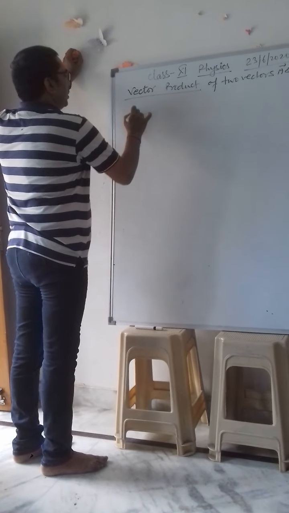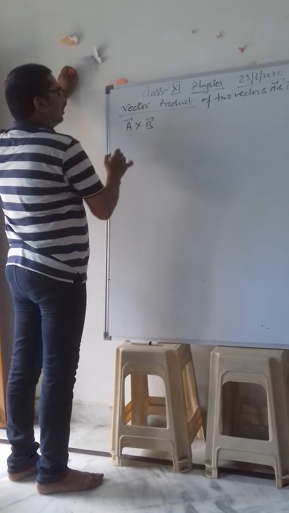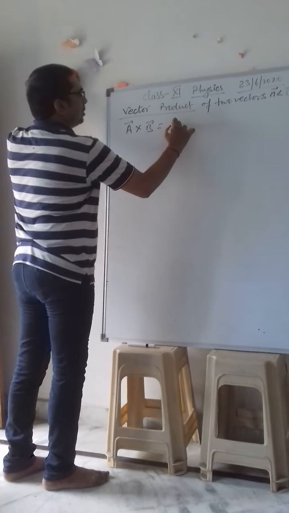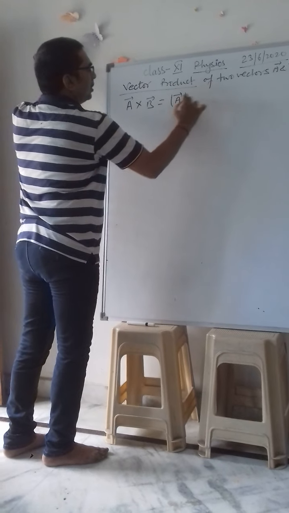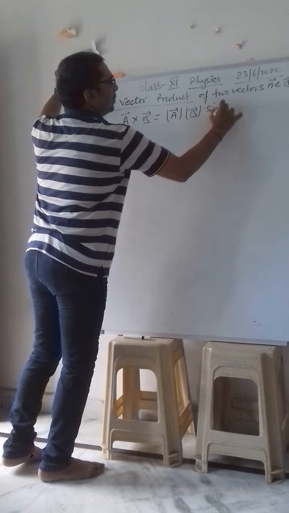It can be expressed in this form: A cross B is equal to AB sine theta.